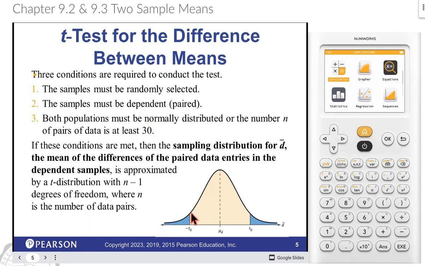And then we get a normal look, and then again we get our tails. We calculate a t-value. If the t-value ends up being, say, in one of the tails, this is the t statistic, in this case we would reject. But in another case, if the t statistic ended up being here, it's not in the rejection region.